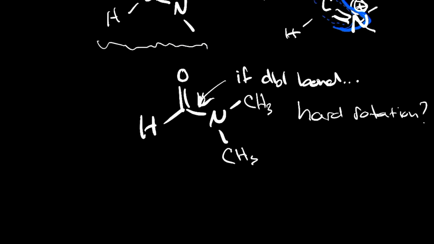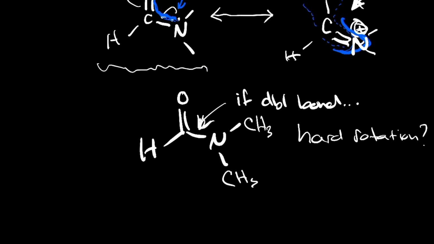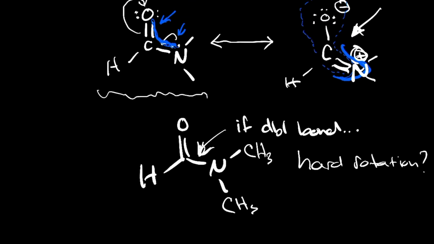Yes, it does. As a matter of fact, it's not 100% a double bond, right? So this isn't 100% a double bond right here, and that's really where we get into the trick with resonance. A bond that is essentially going to be a double bond forever and ever is not going to want to rotate.